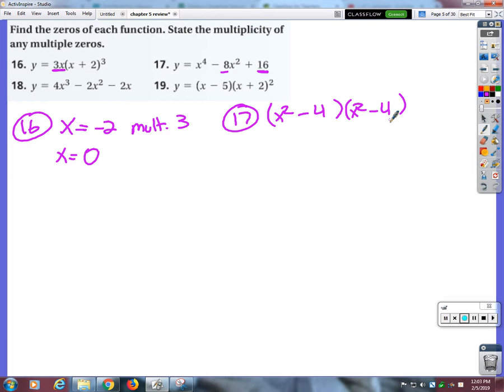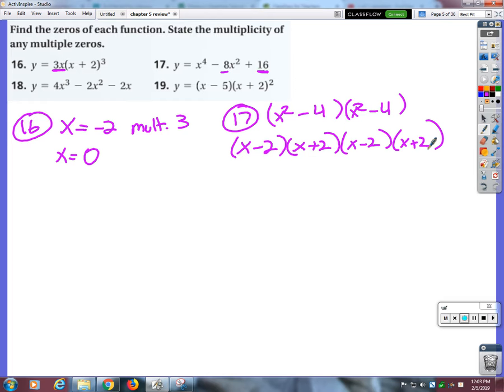I can now take the x squared minus 4s and factor those. I need 2 numbers that multiply together to be negative 4 and add to 0. It's going to be x minus 2, x plus 2, and then x minus 2, x plus 2. X squared minus 4 is the factor pattern we know as the difference of 2 squares, so it always factors into plus or minus those things.